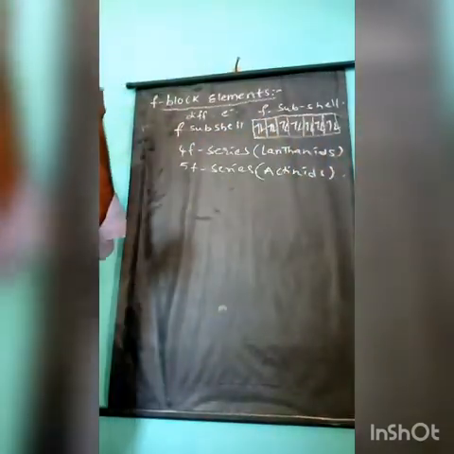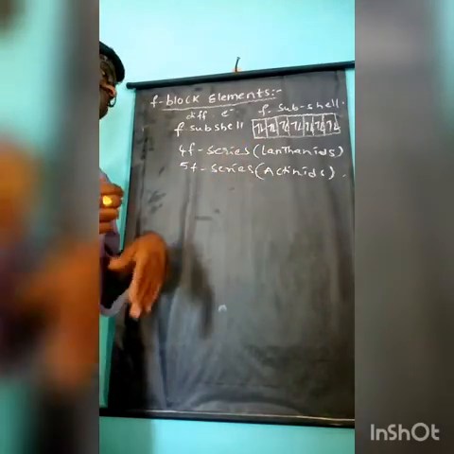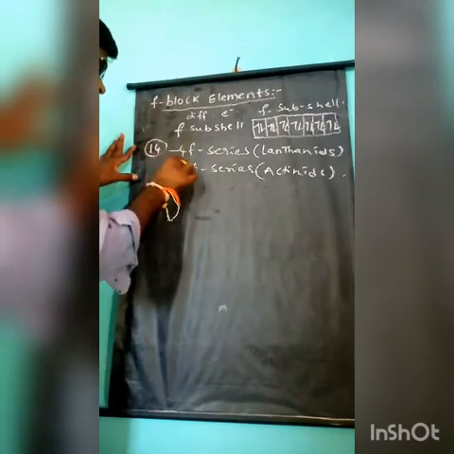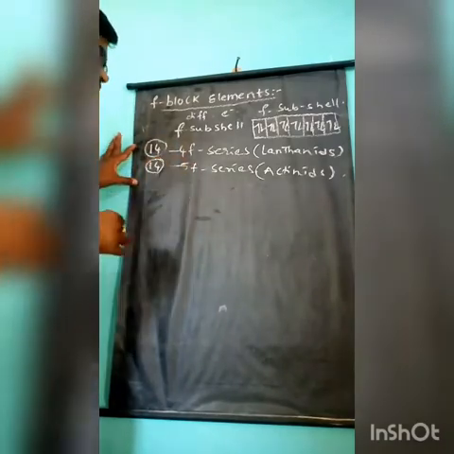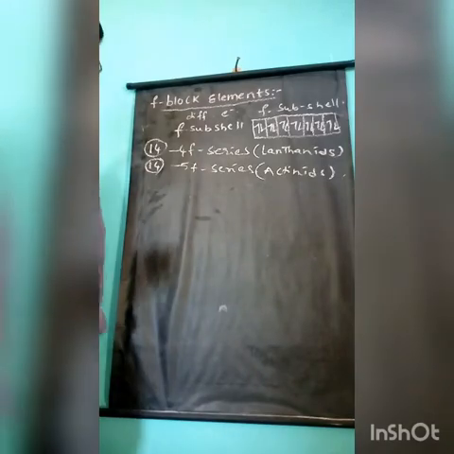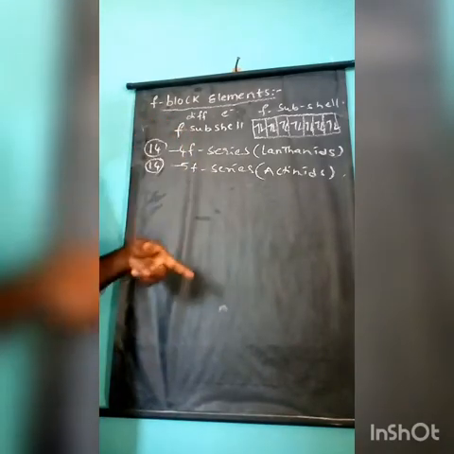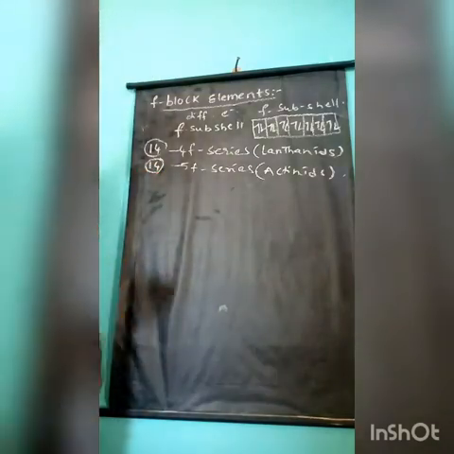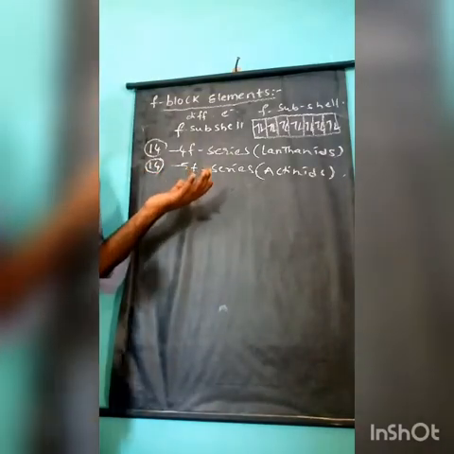Each series contains 14 elements, so totally 28 elements are present in the F block, since the differentiating electron enters the F subshell only.